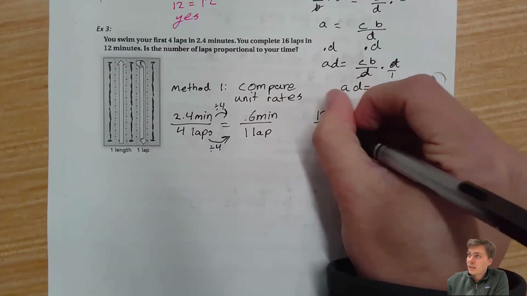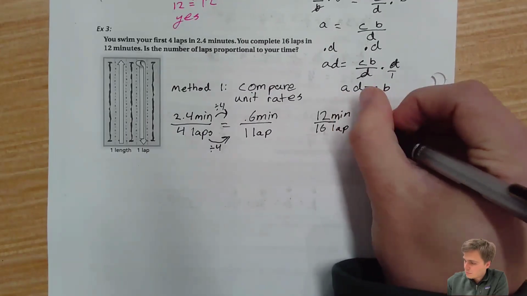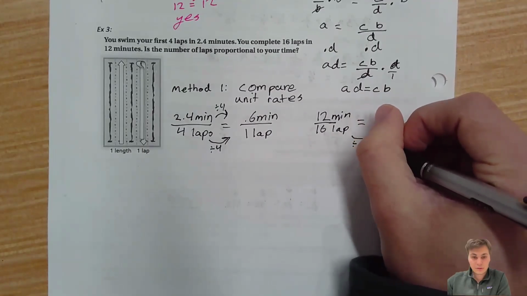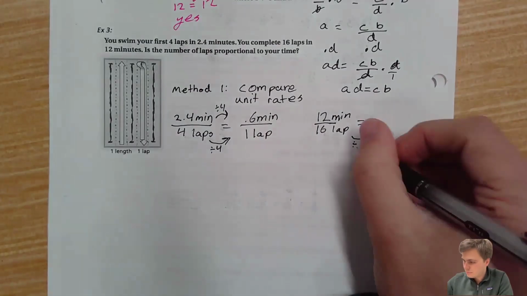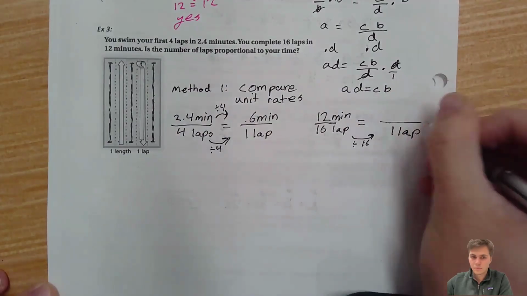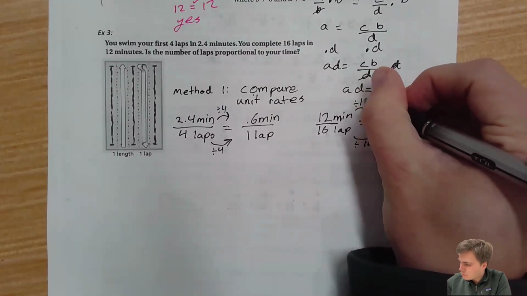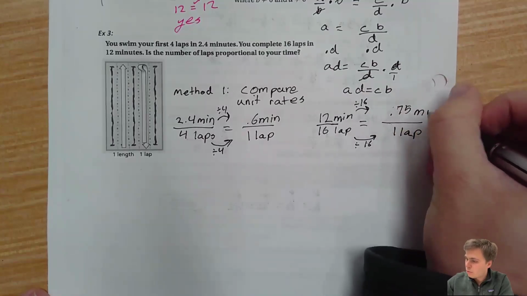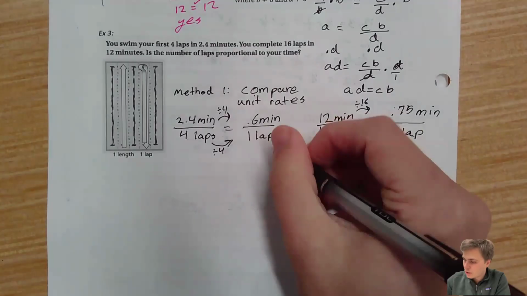So 12 minutes over 16 laps. We need to divide by 16, which ends up being 1 lap. And then 12 divided by 16 is going to equal 0.75 minutes. So these are not the same unit rates, so no, it's not proportional.